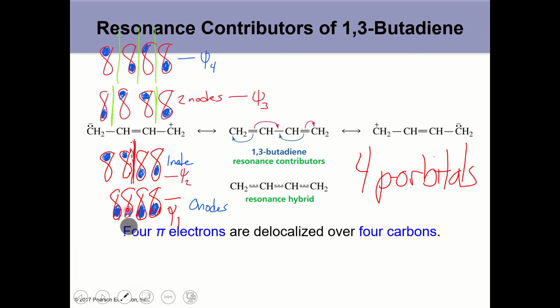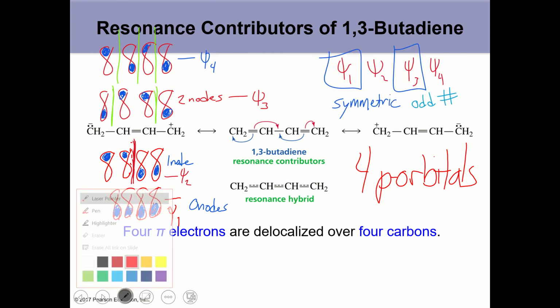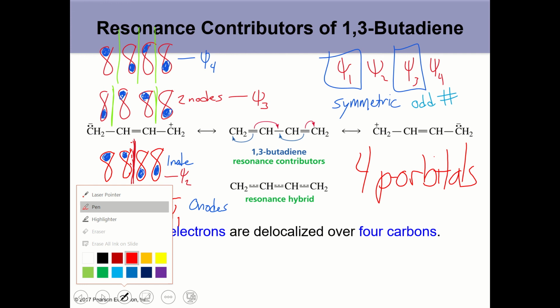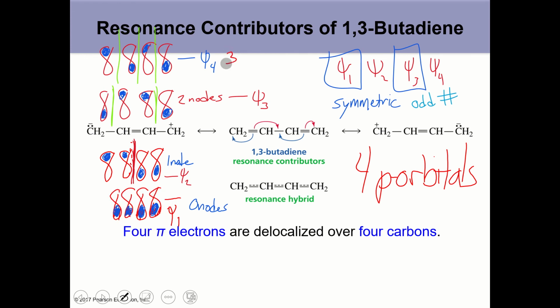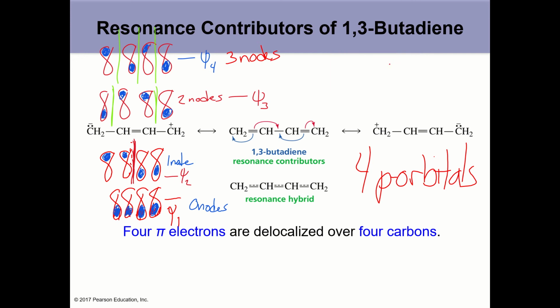The opposite is true of the highest energy orbital. For the highest energy orbital, none of the phases should match. So notice that none of the phases match, and we have a total of 3 nodes.